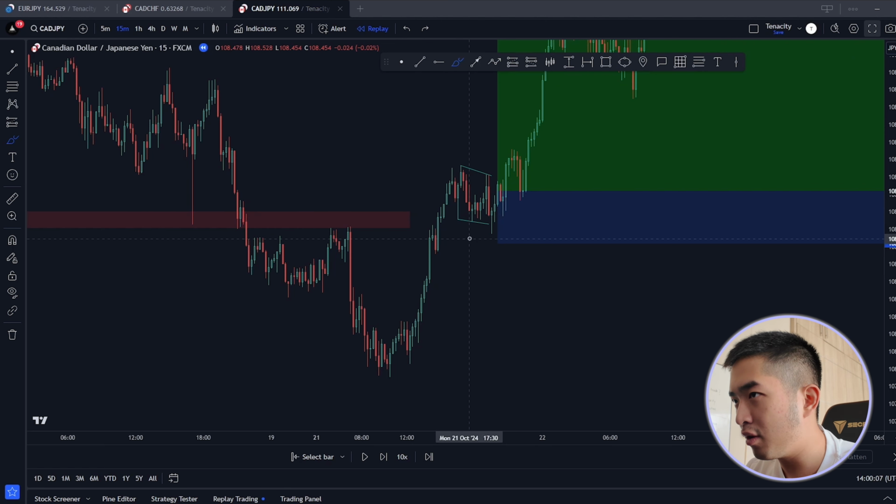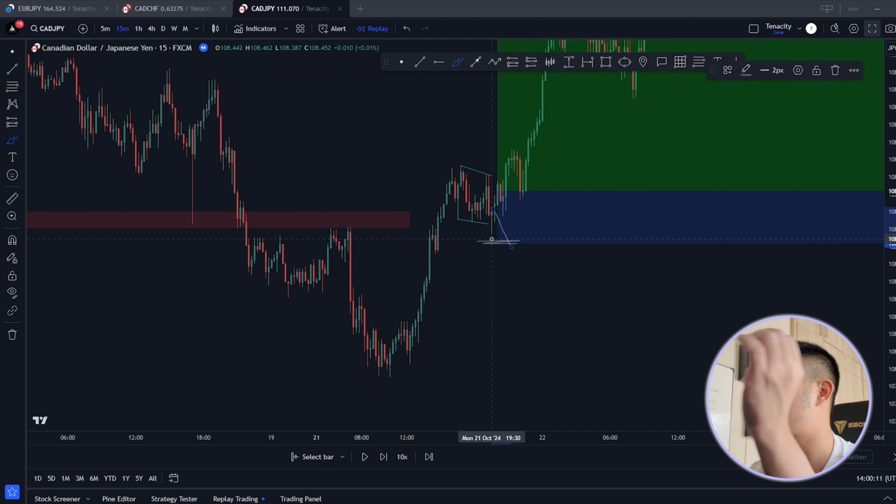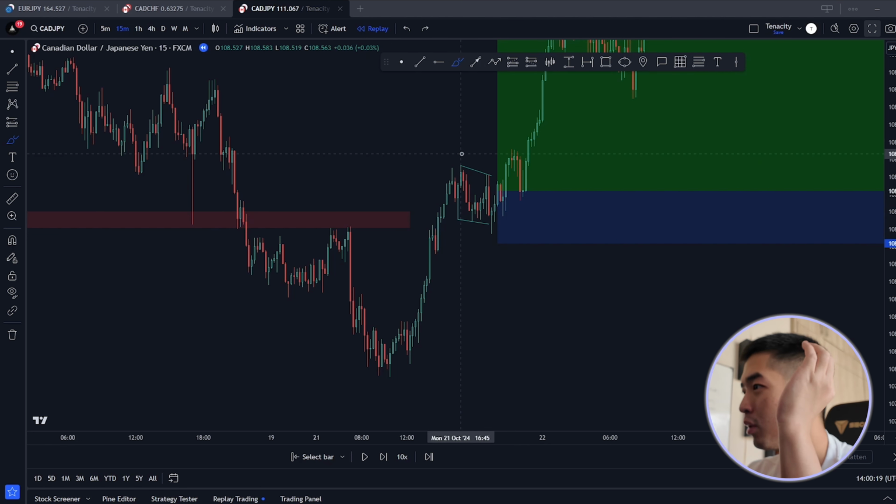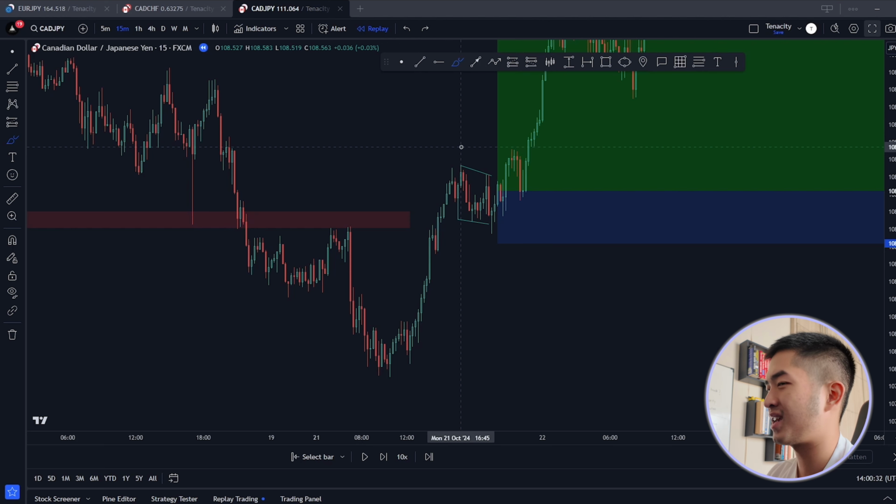Essentially, it's a level where if price hits it, your trade is extremely likely to not work out anymore, okay? There's always that point, guys. So just know there will always be an invalidation level for any strategy. And your job is to try to find that invalidation level, okay? You have to know where the point is in your trade where it's extremely likely to not work anymore.